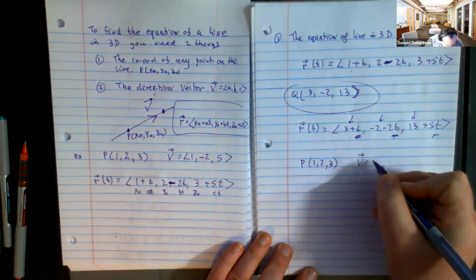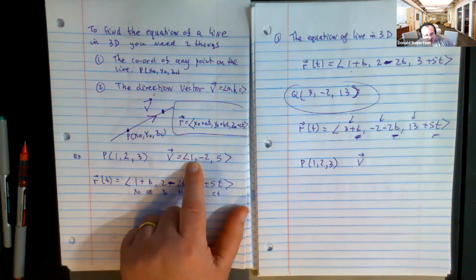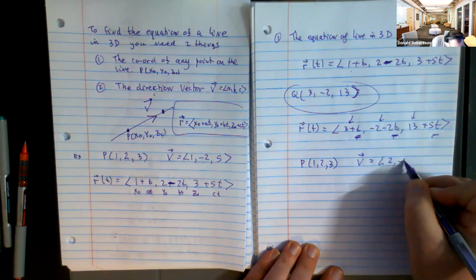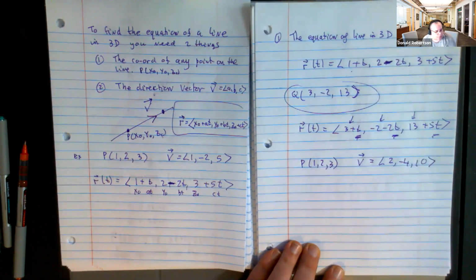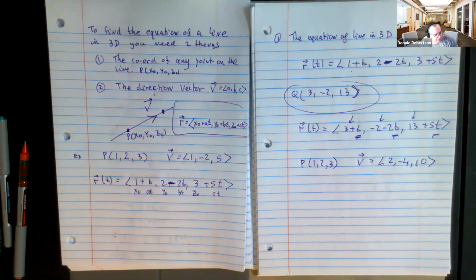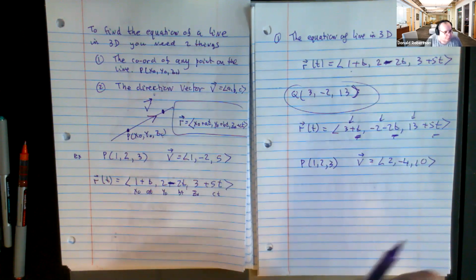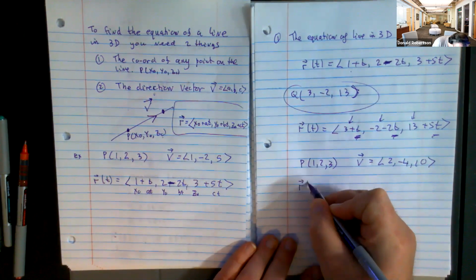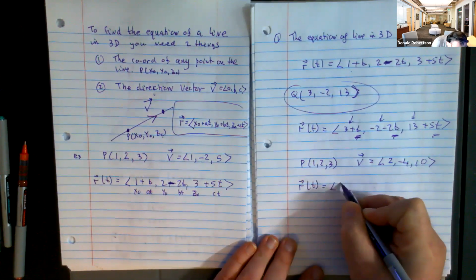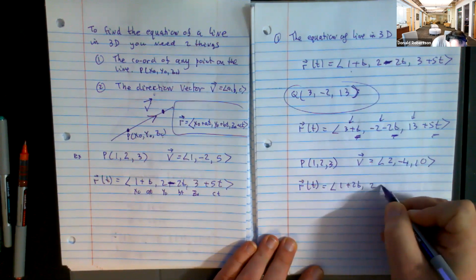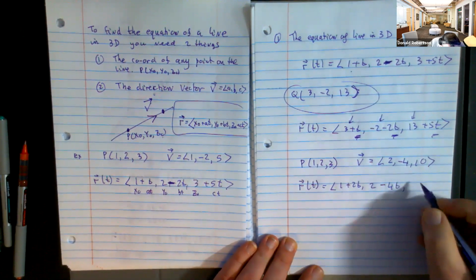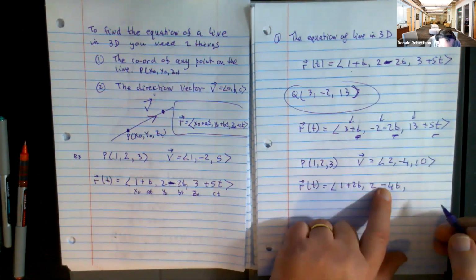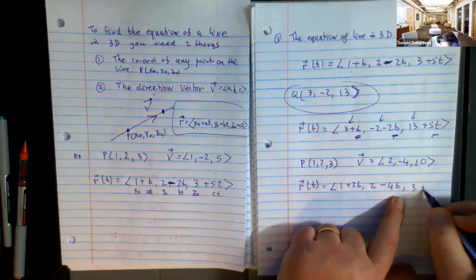Now, suppose I kept P the same. And the direction vector I just used was 1, -2, 5. Wouldn't the direction 2, -4, 10 also be the same direction? Just twice as long doesn't stop it pointing in the same direction, right? And if I did this, can you see that the answer will now be 1 plus 2t, 2 take away 4t and 3 plus 10t.